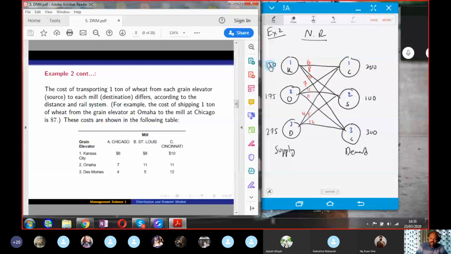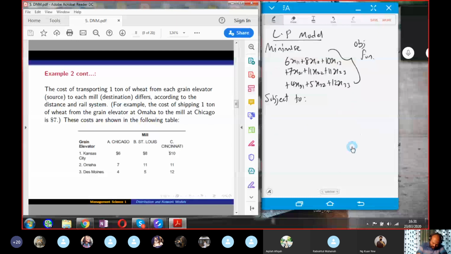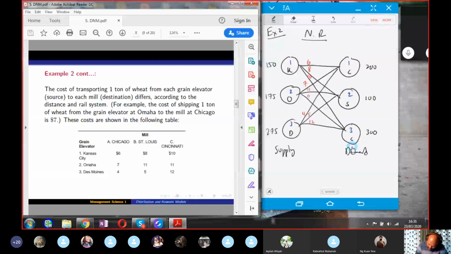The quantity which comes out from Kansas must be less or equal to 150. This one must be less or equal to 175. This one 275. To help you, you just put 1, 2, 3.